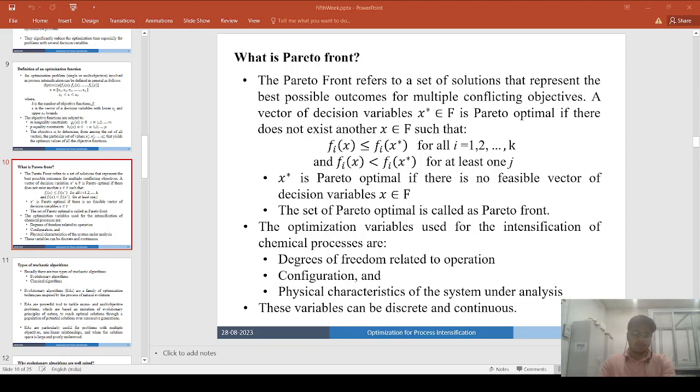So whenever you are working on a software program, like S-Pen, you might be interested in getting the Pareto front of a given problem.